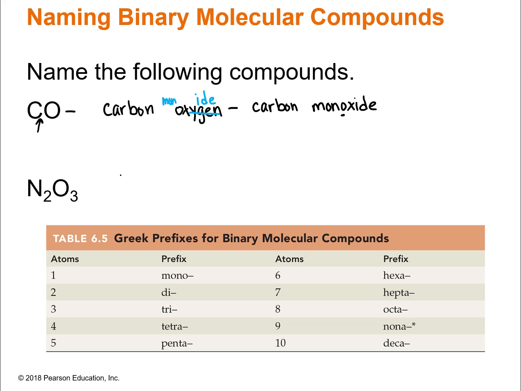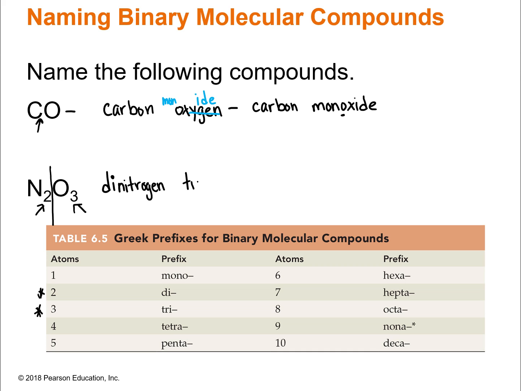I'll do another example for you. Let's deal with the first element. There is a subscript here. There are 2 nitrogen atoms. That means we're going to use the prefix di, which is 2, followed by the whole element name, nitrogen. For the second element, we know that there's 3 of them.